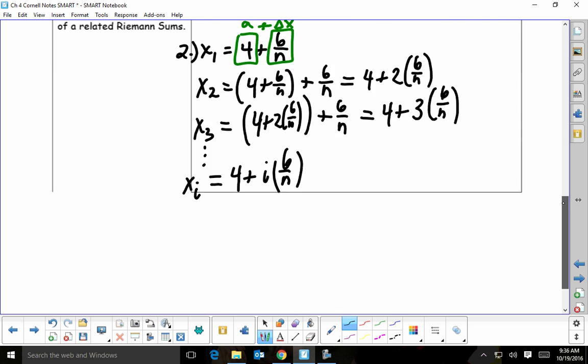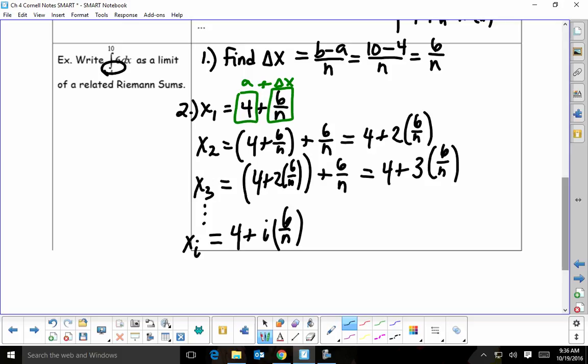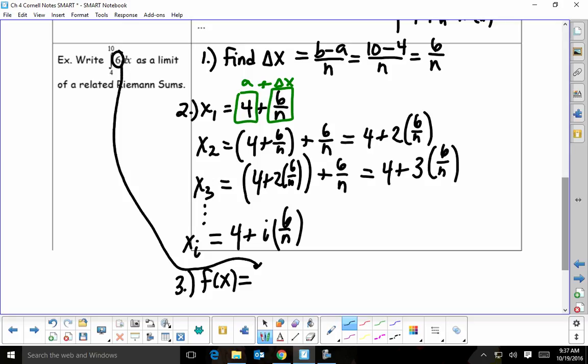So then in step 3, we're going to look and say, well, what was our f of x? And up here, what was our f of x? It was 6. Okay?